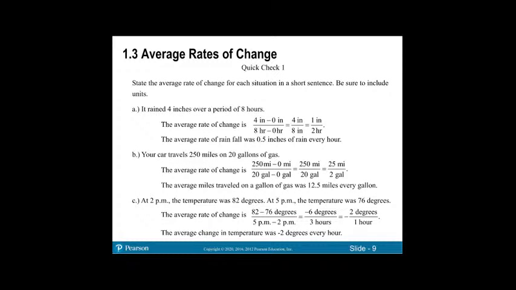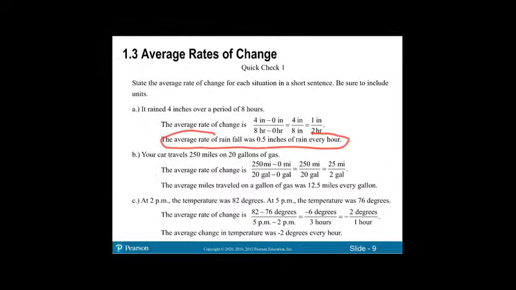So, quick check. It says state the average rate of change for each situation in a short sentence. Be sure to include the units. It rained 4 inches over a period of 8 hours. So inches per hour. So half an inch per hour. So the average rate of rainfall was half an inch every hour.